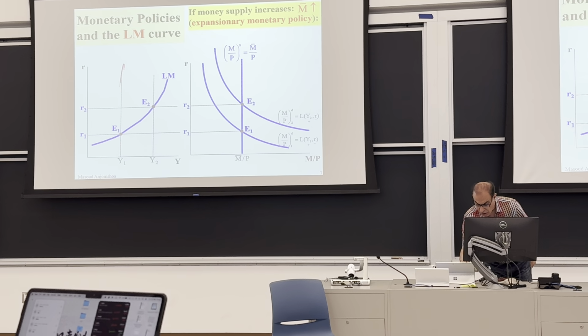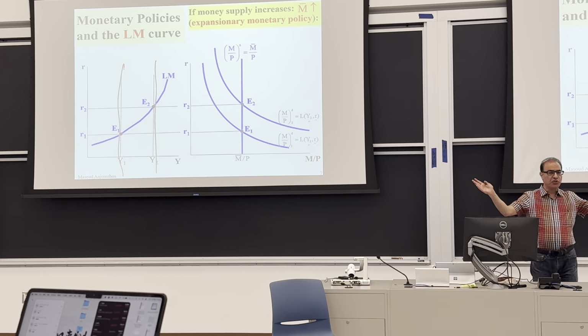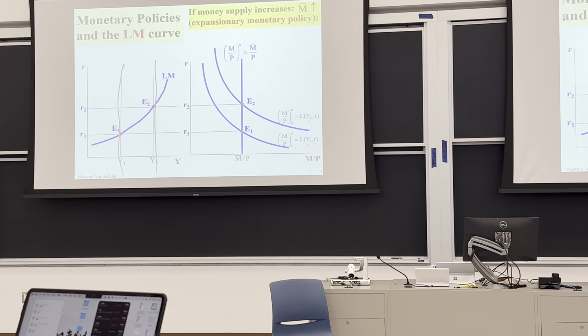Remember, I chose 2 arbitrary levels of income output. Is that right? I told you go home and make it 5, 6. Is that right? And then for each income level, we had demand for real money.